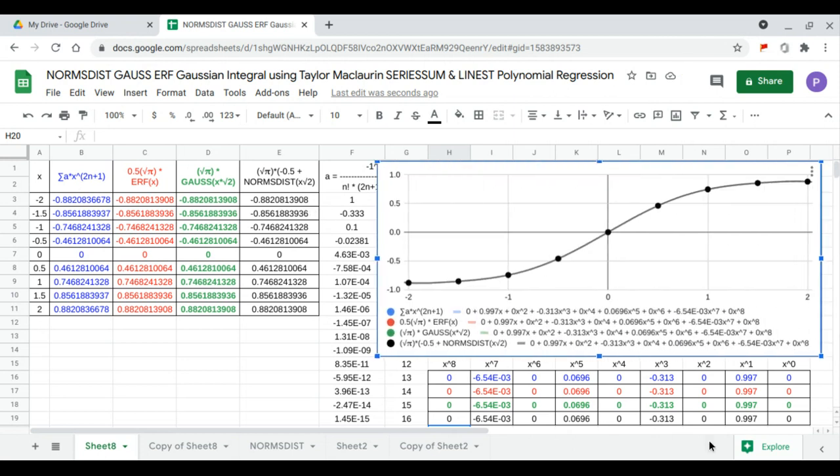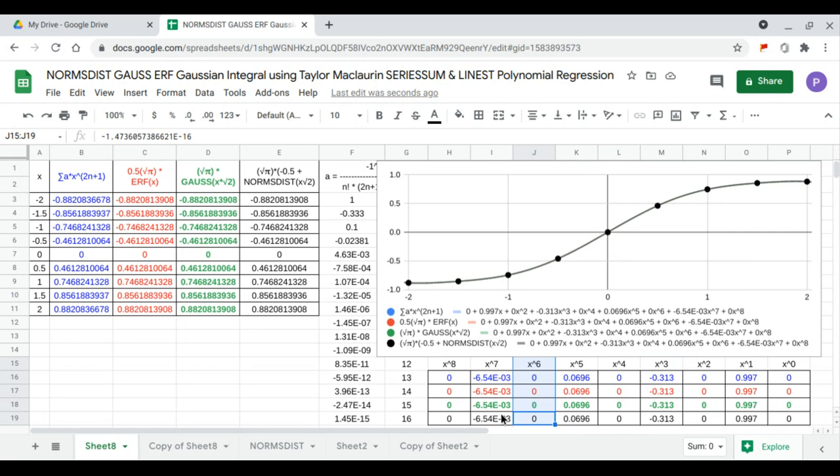So x to the 0 is 0. X will be 1 or 0.997. X squared all 0. X cubed is negative 0.313. X to the 4th is 0. X to the 5th 0.0696. X to the 6th all 0.